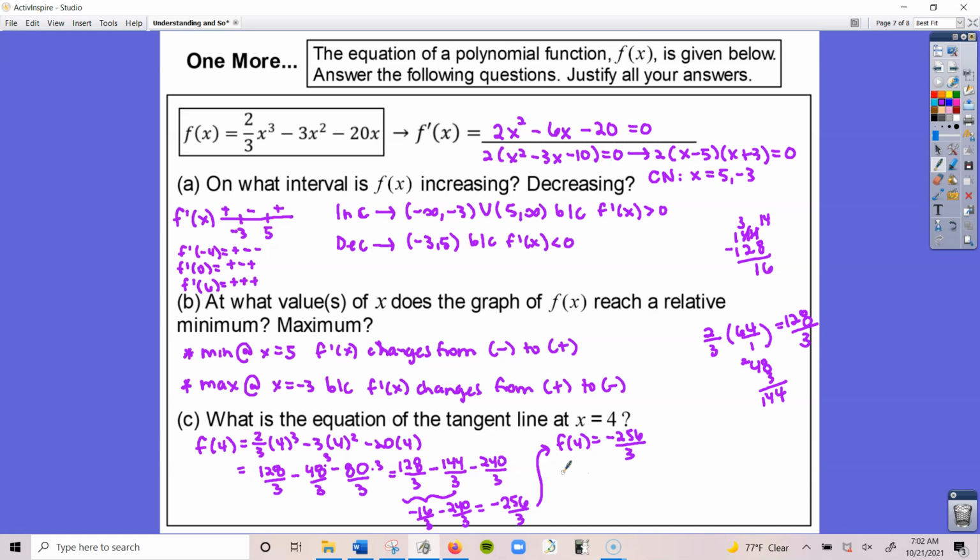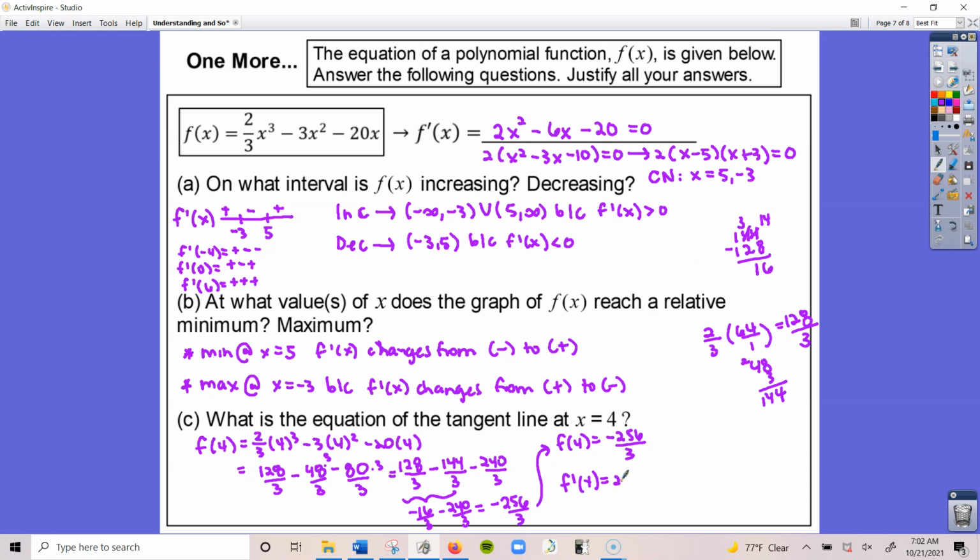Now, remember we needed two things, the point of tangency, and now we need the slope of tangency. So f prime of 4. So I'm going to go to my derivative, and you can use the normal version here, or you can use the factored version. I like to use the factored version because it makes my multiplication easier.